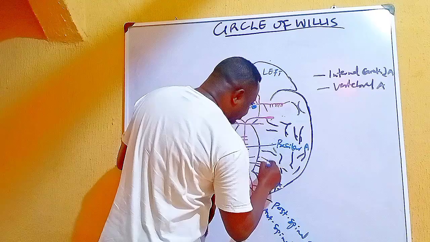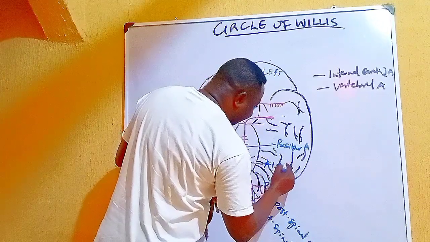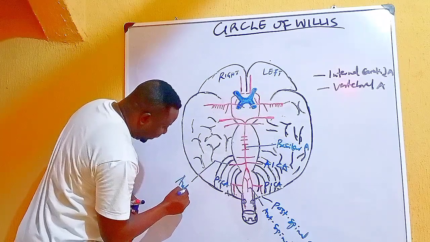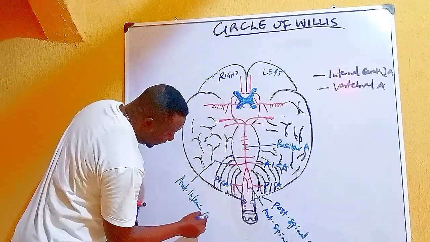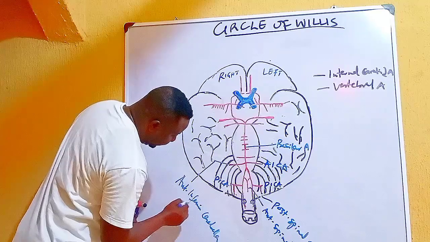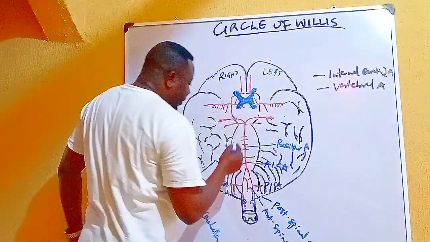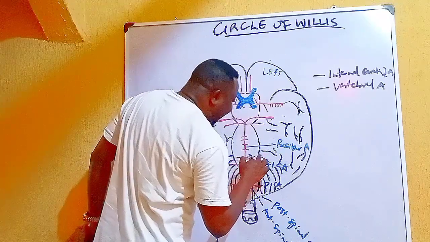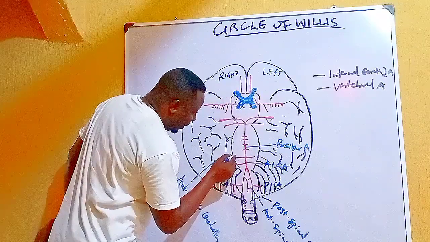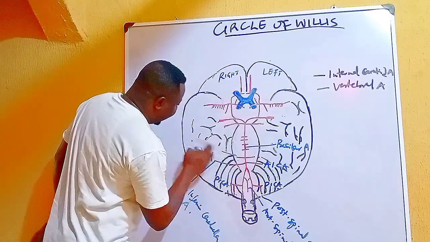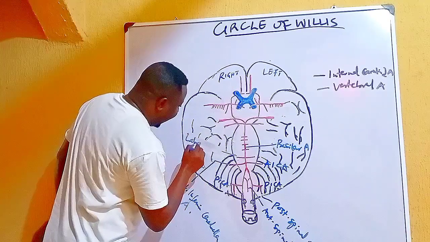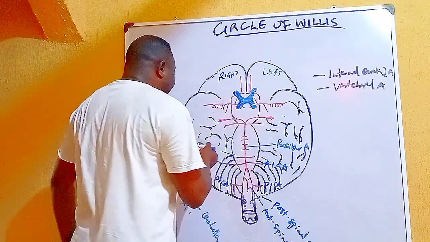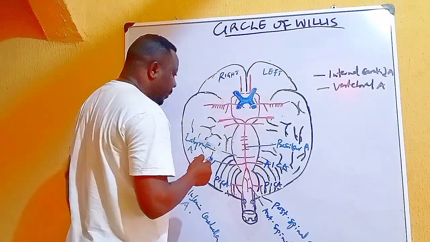Another branch of the basilar artery is known as the labyrinthine artery. If you don't call it labyrinthine artery, you can call it internal acoustic artery.